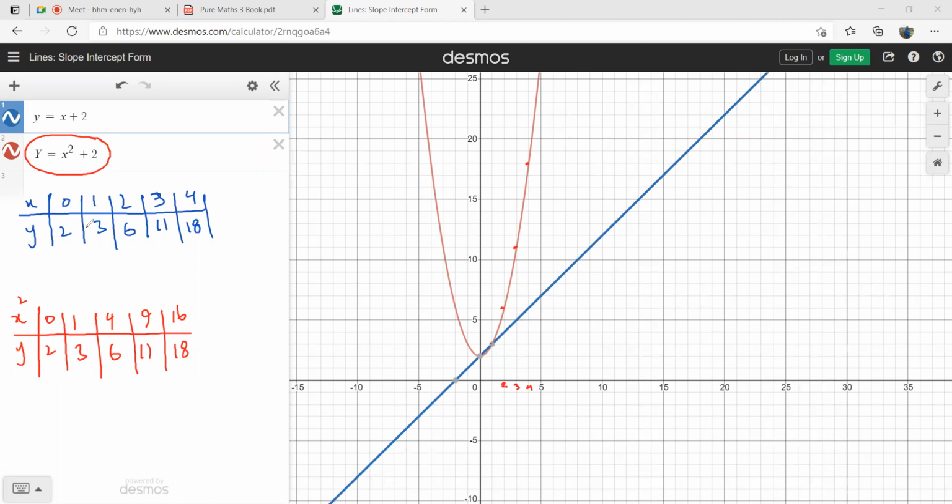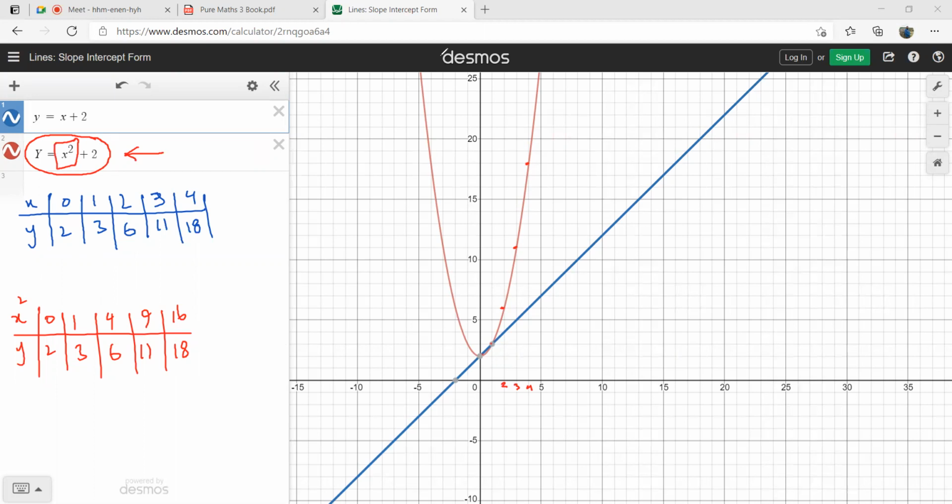Now, what if you want to obtain a line graph out of this? You don't want this curve for y equal to x squared plus 2. So what you will have to do is change this x squared to X. Look at this. I have squared all the values of x, and I'm writing here this x squared.